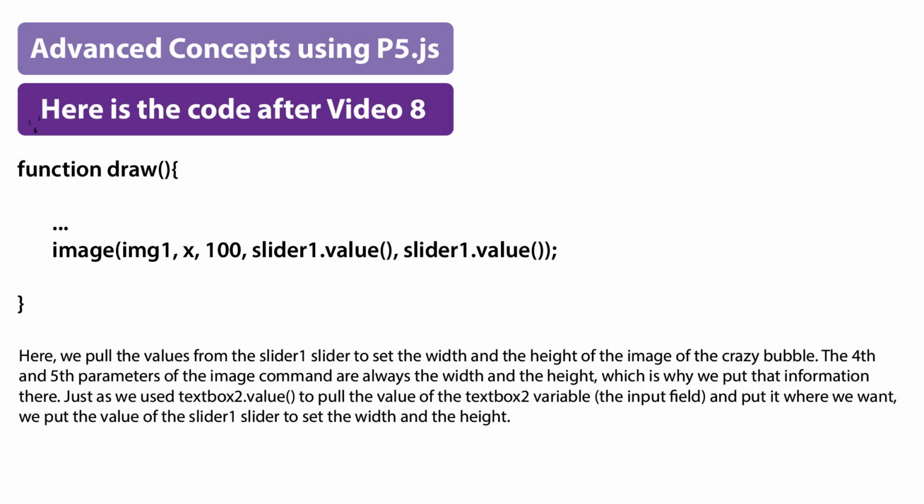The image command has 5 parameters. The first one's the image, the second one's the X position, the third one's the Y position, but the fourth and fifth parameters are always the width and the height. By using slider1.value, we're pulling the value from the slider and using it to set the width and the height of the image that is displayed, which is the image of the Crazy Bubble.